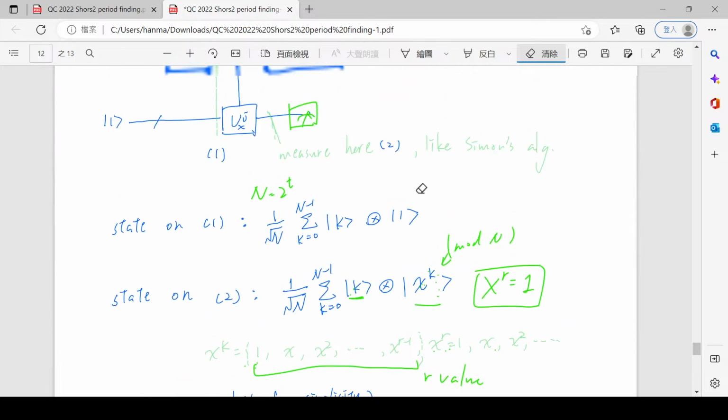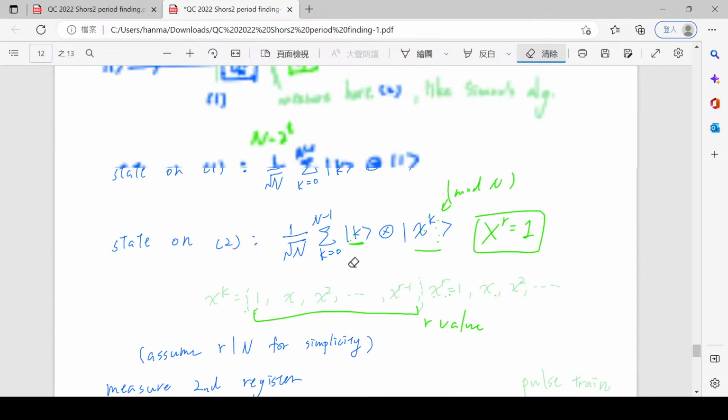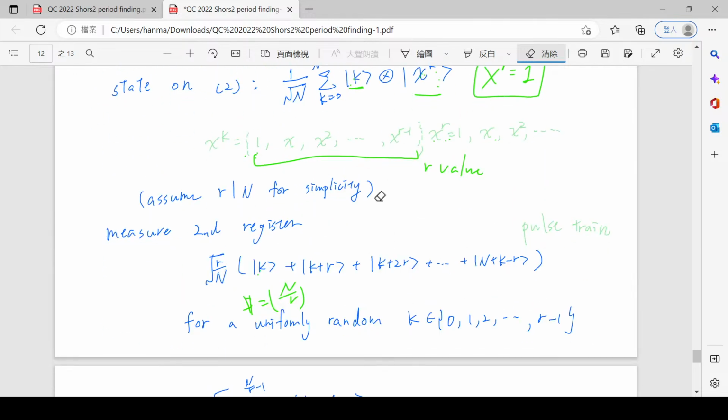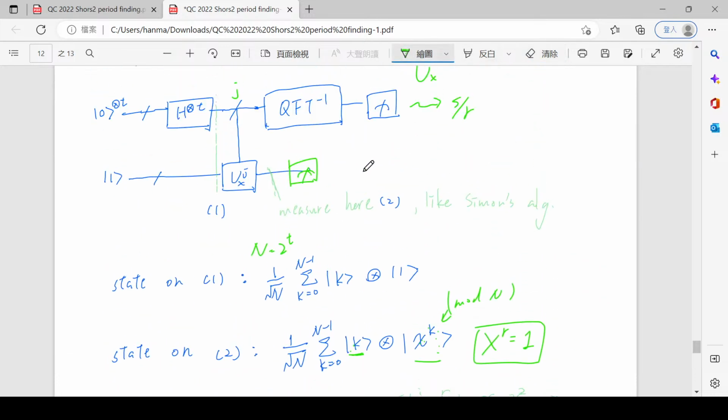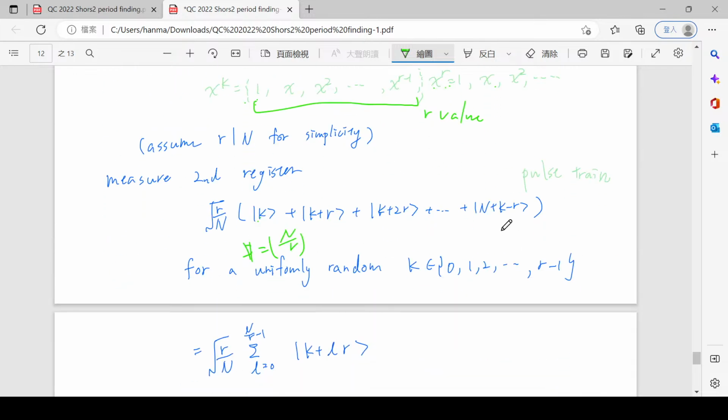Let's go back. The next thing we do is a QFT, or QFT inverse, on this. It doesn't really matter because it's real. Now we can see why QFT works here, because this is what's called a pulse train.